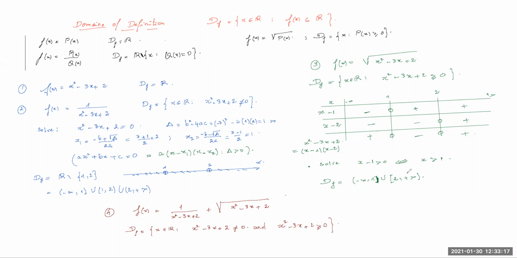I know my expression is positive here, and different from 0 everywhere except at the roots. So I need to take the common points between the two sets. It's an intersection, but you can visualize it using a line also.